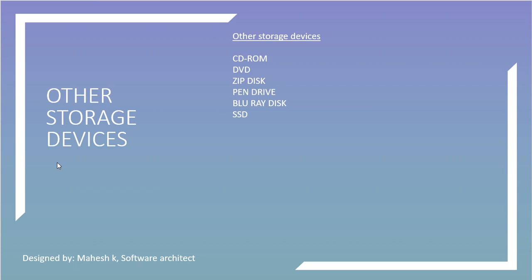But nowadays the latest storage is SSD, which is quite fast. It does not have any rotation like a hard drive, but is a kind of stick, like a pen drive, and is very fast in speed. Most of the latest computers are using SSD, solid state drives.